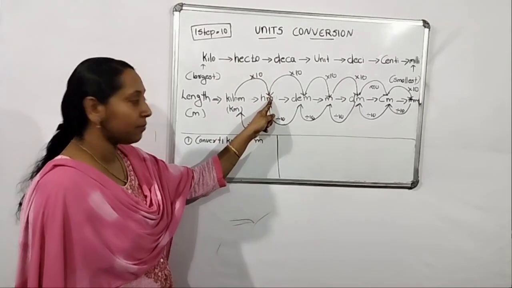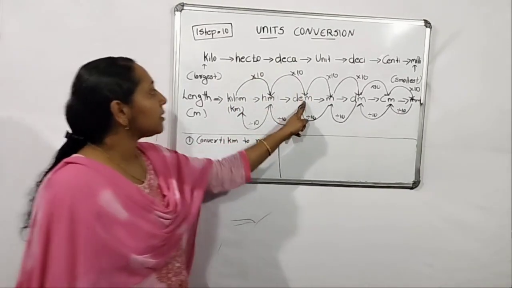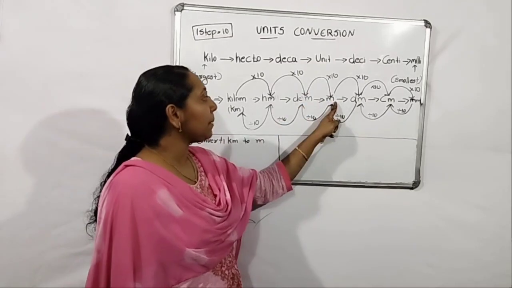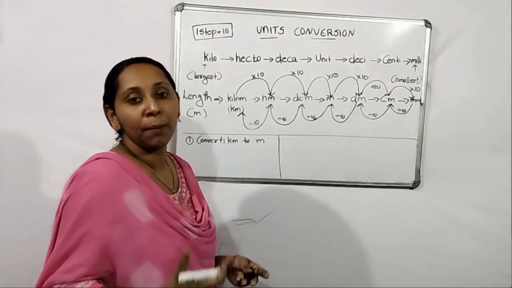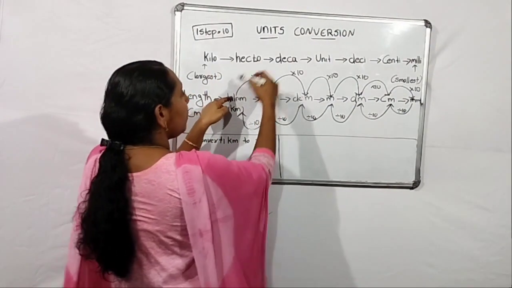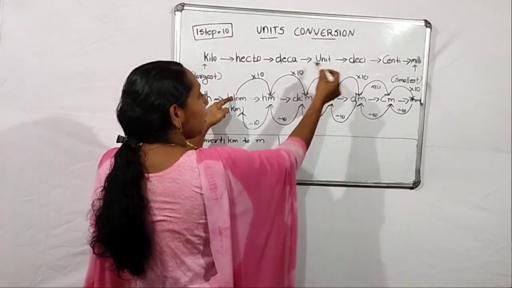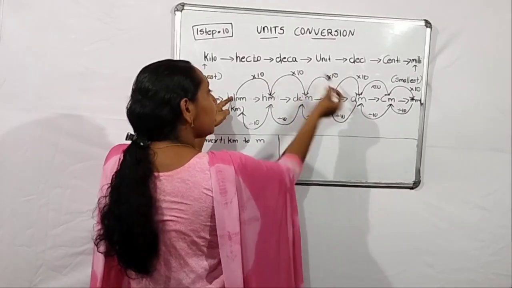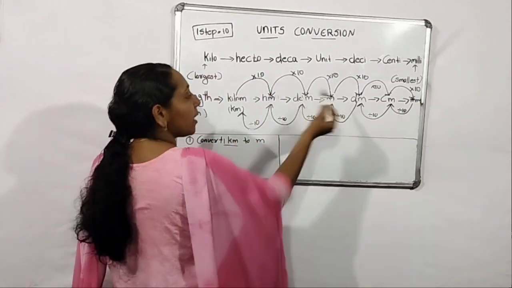So there is a difference of 10 here. Hectometer to decameter, another 10. Decameter to meter, that is another 10. So how many times should we multiply with 10? 3 times. Kilometer to hectometer, hectometer to decameter, decameter to meter. So we multiply the given kilometer data 3 times to get the answer in meter.